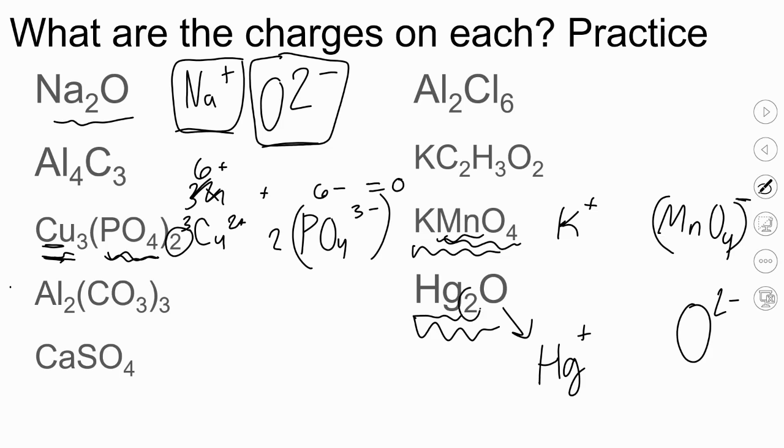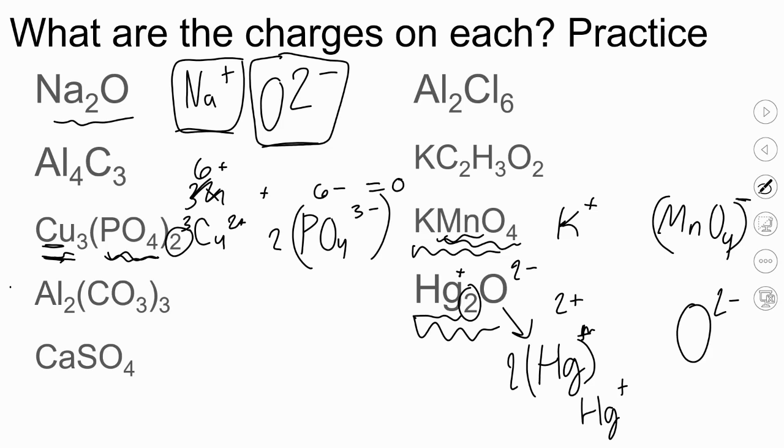But we have 2 mercuries. So what does the charge on the mercury have to be? We have 2 of them. Overall this is a 2 plus charge, but we have 2 mercuries, so it just needs to be 1 plus. So Hg in this compound needs to be plus 1 to balance. If I have 2 mercury plus charges, that will balance with oxygen 2 minus.